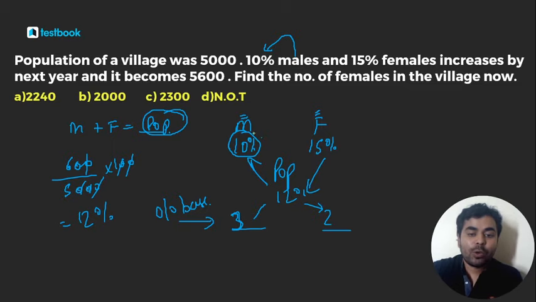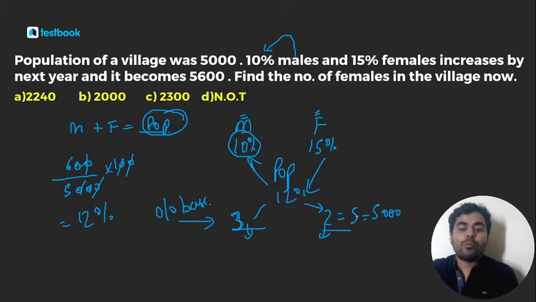So this 10% was on what base? We increased men by 10%, which means the earlier men. So this 3 indicates the earlier men, and this 2 indicates the earlier females. Male plus female equals a total of 5, and this total 5 was 5000, because these two ratios are of earlier males and earlier females.